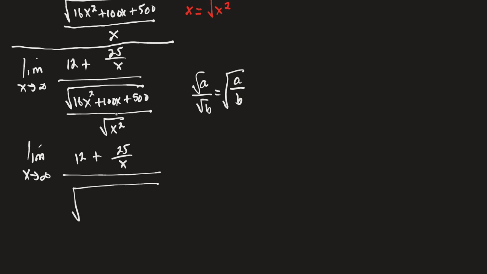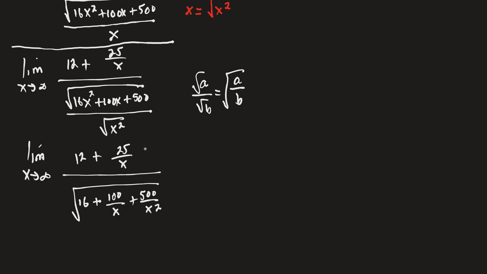So basically this is what we can do. Take the 16x squared, divide it by x squared, that leaves 16, plus take 100x, divided by x squared, that gives you 100 over x, and take 500 divided by x squared, that gives you 500 over x squared.